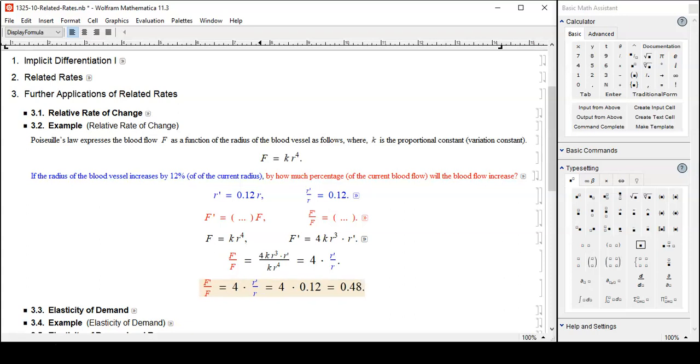So the answer is 48%. Is that clear to everybody?